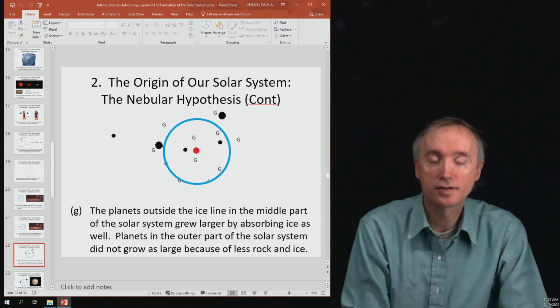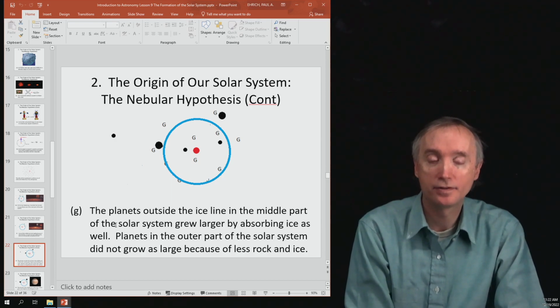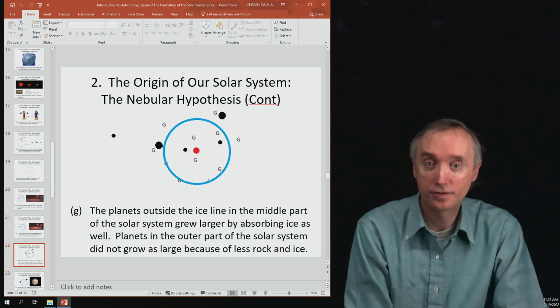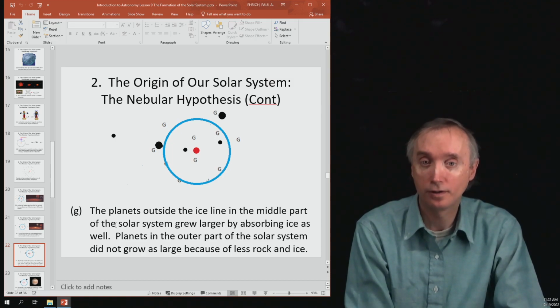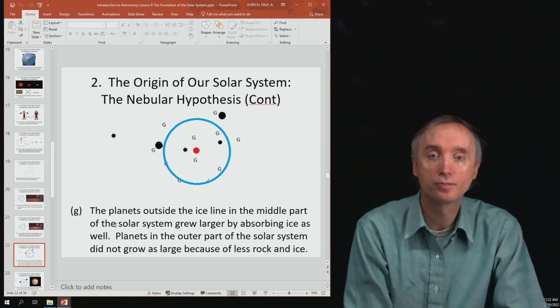Okay, now the next thing that's going to happen is that these protoplanets that are composed of rock start to collect the ice in the middle part of the solar system. So that ice that was driven outwards due to the heat of the sun starts to collect on those protoplanets.